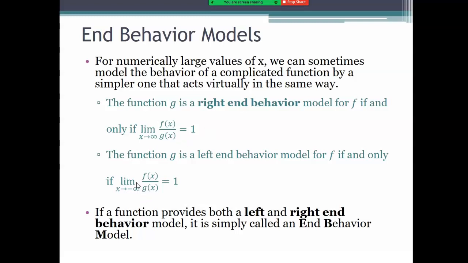Or as you go into negative infinities, the limit equals 1. If a function provides both a left and right end behavior model, it is simply called an end behavior model. So we're going to look at examples of end behavior models and just talk about how they can be used to help us understand complicated functions on a simpler note.